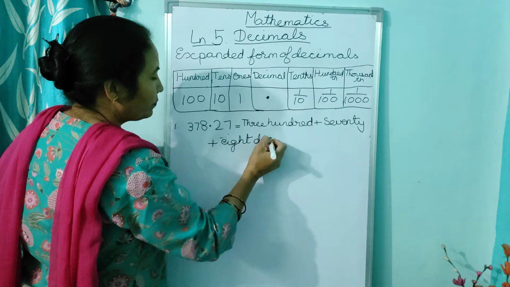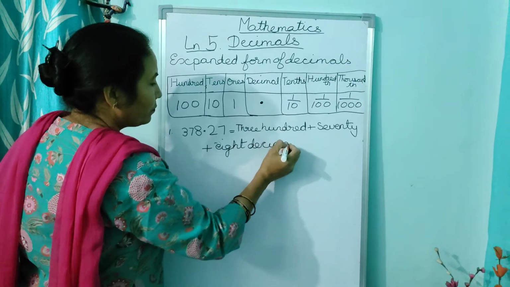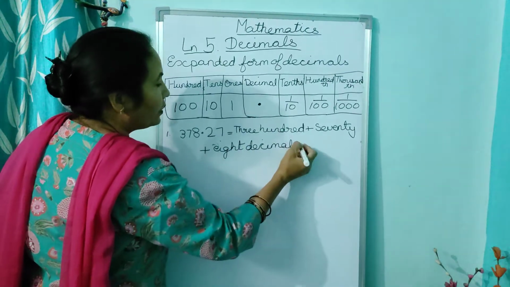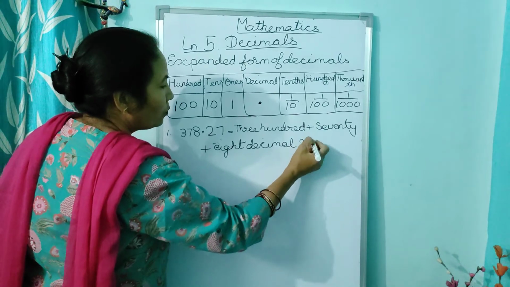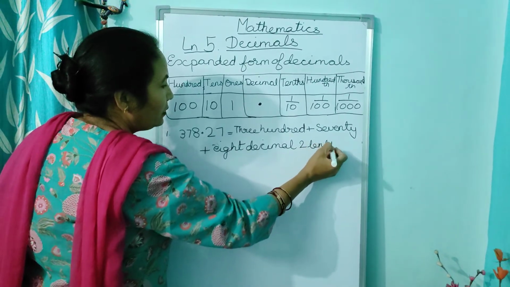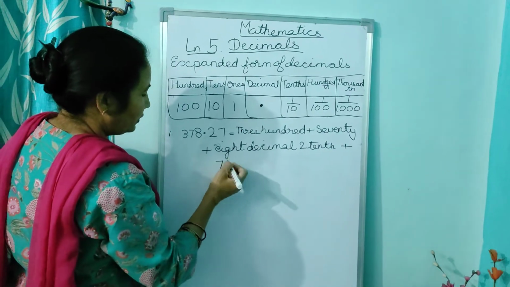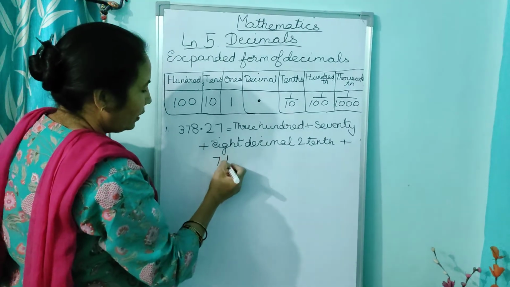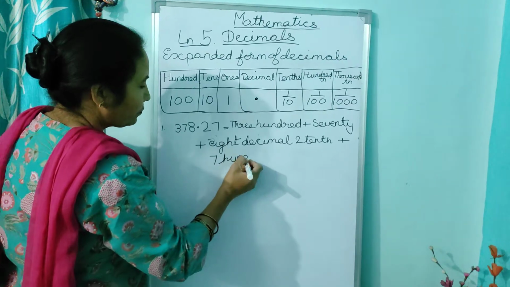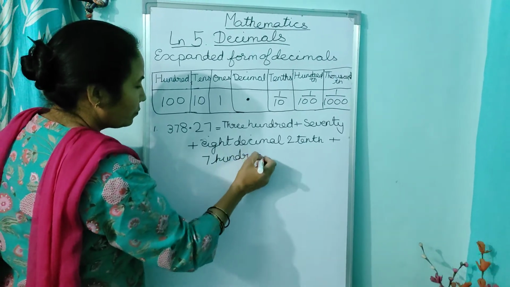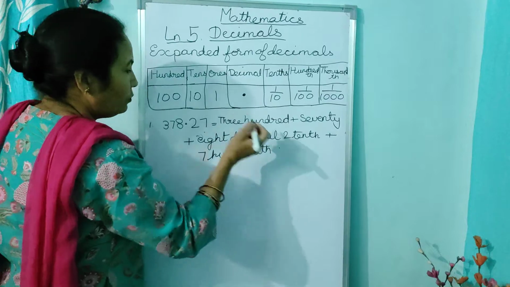Then after the decimal, 2 tenths plus 7/100th. This is one way.